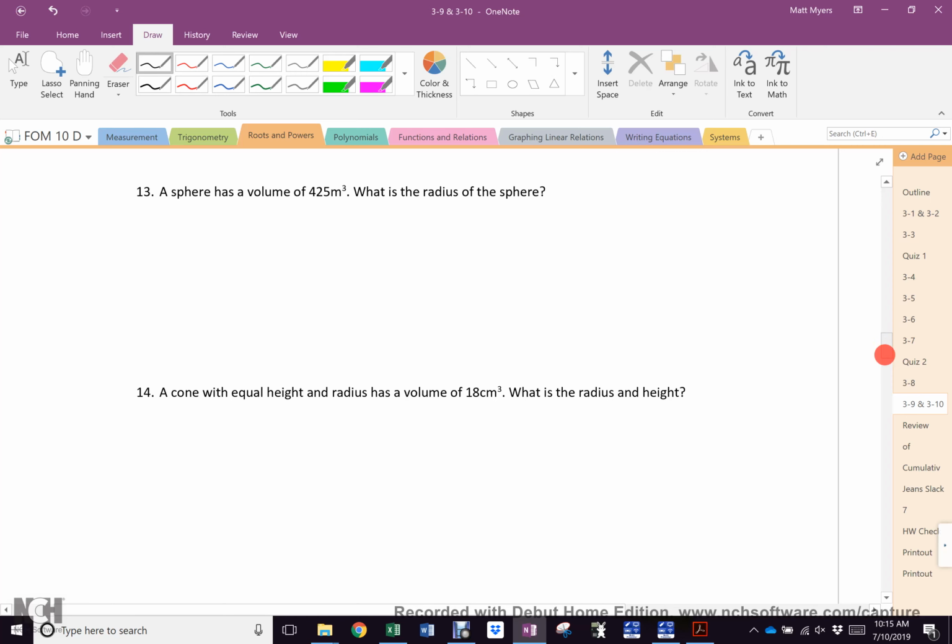Do I need to review this? I think I do need to review this because it's algebra. Volume of a sphere, 4 pi r cubed over 3. Where does that 425 go? Where's that 425 go?